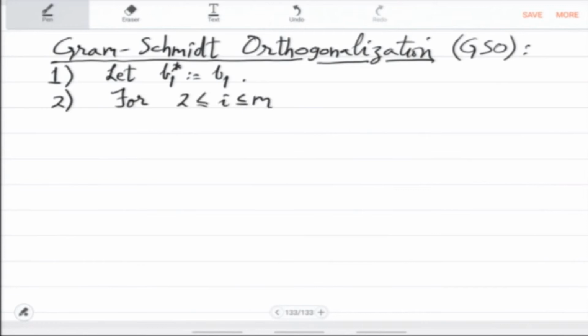So this is just a for loop. Bi star is, from Bi you subtract the components of the previous orthogonal vectors, so B1 star to Bi minus 1 star.